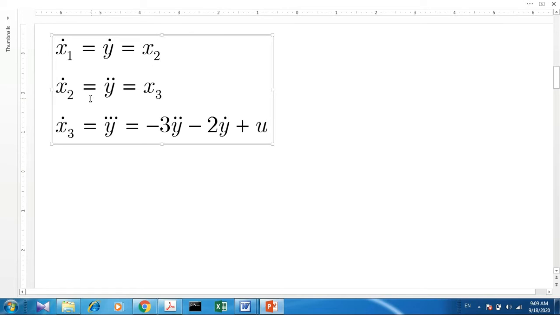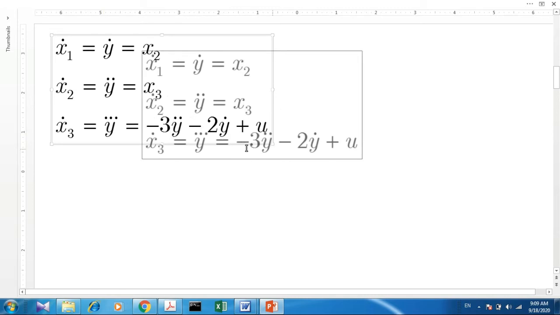We find in the second step the first derivatives of the state variables x1 dot, x2 dot, x3 dot, and x3 dot can be found from the original differential equation as a function of y double dot and y dot. We substitute x1 dot and x2 dot in this equation.